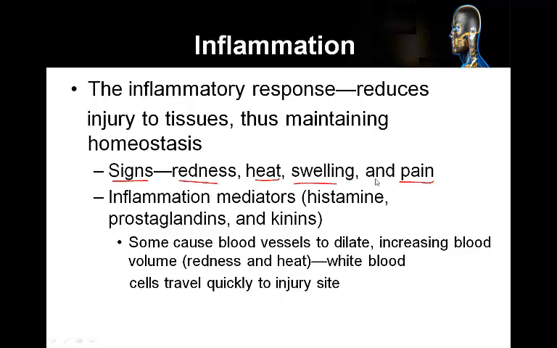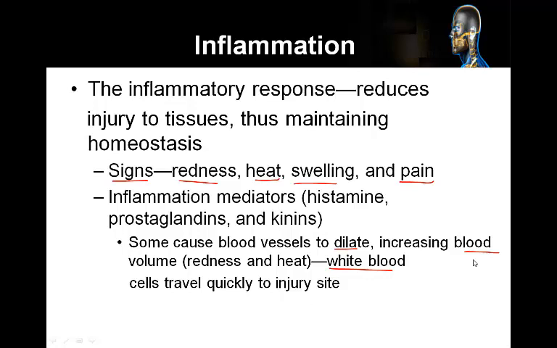And if we think of how this occurs, redness, heat, swelling, and pain, this is all associated with the edema that occurs in the inflammation process, where certain chemicals are going to make our blood vessels leaky, right? So we're going to cause them to dilate, increase the blood volume, and we're going to allow that process to let white blood cells travel out of the bloodstream and into the site of infection.